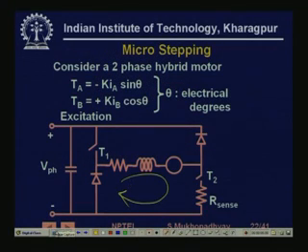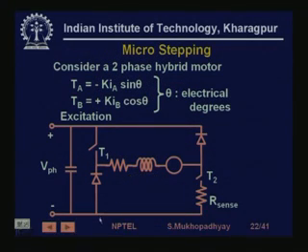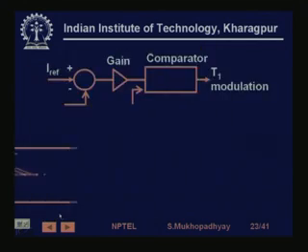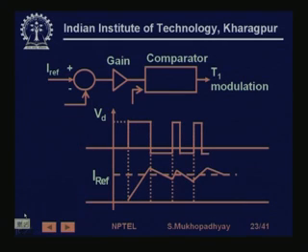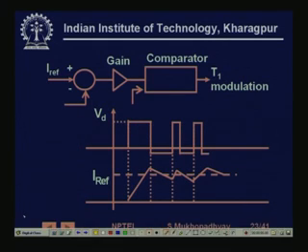Again, when the current falls too much, then you again switch on T1. So when you switch on T1, the current will rise, then again it falls.